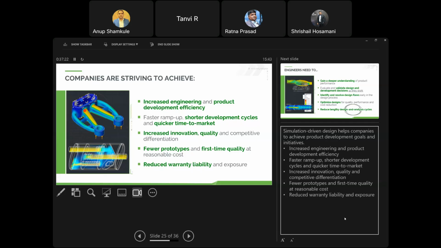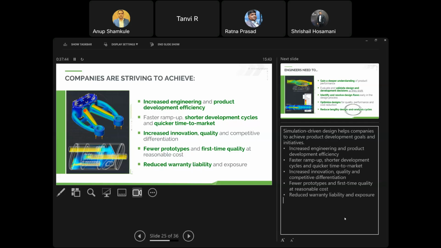It also reduces warranty liability and revenue exposure, because for some OEMs, for example in automotive, mostly they get their revenue from spare parts. When you have a product which is designed wrong, we have been hearing many times that they are recalling some of the parts.